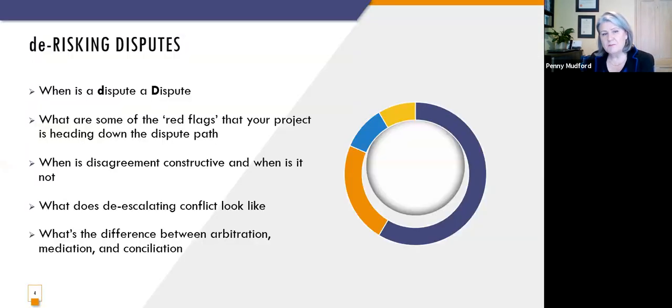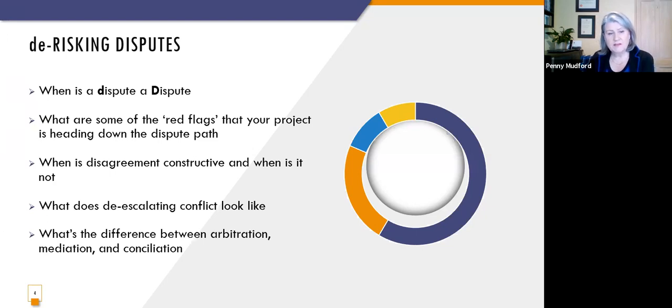So I'm going to work through the topic today. The slide that you see is an overview of the topic that I'm going to speak to. So we'll cover when is a small d dispute a capital D dispute. Then I'll talk about what are some of the red flags that your project is heading down the dispute path.